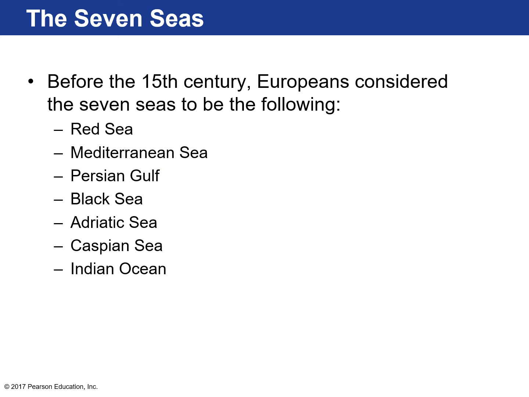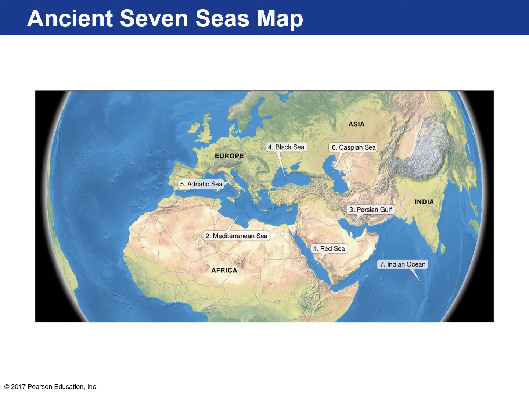Before the 15th century, the Europeans considered these to be the 7 seas. The Red Sea, which is in between the African continent and the Arabian Peninsula, the Persian Gulf, the Black Sea, Adriatic Sea, Caspian, and Indian Ocean. Okay, so here we can see, the Caspian Sea is actually a lake, but since the evaporation rates are so high and there's so much input erosion from the local land area, it makes it really salty.